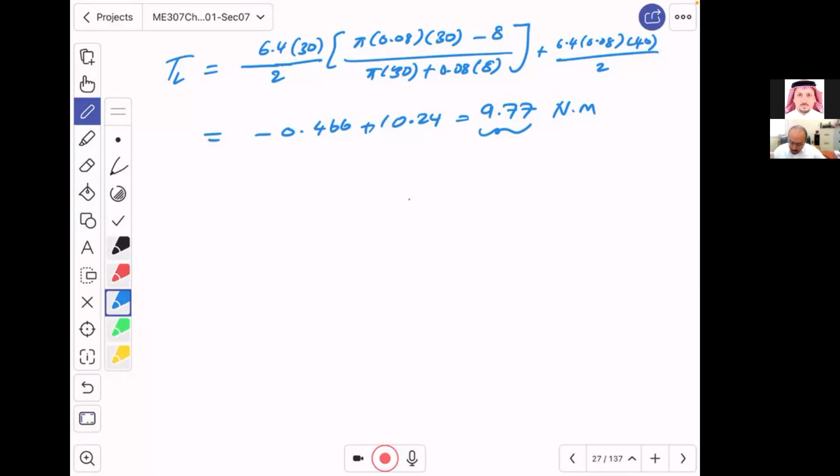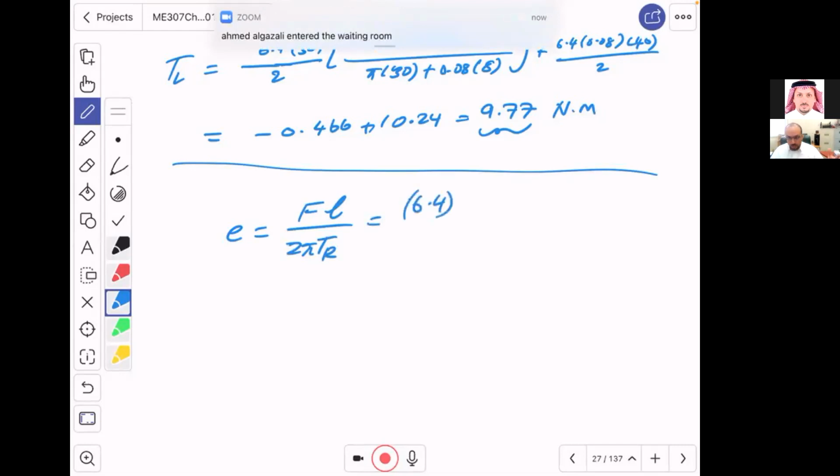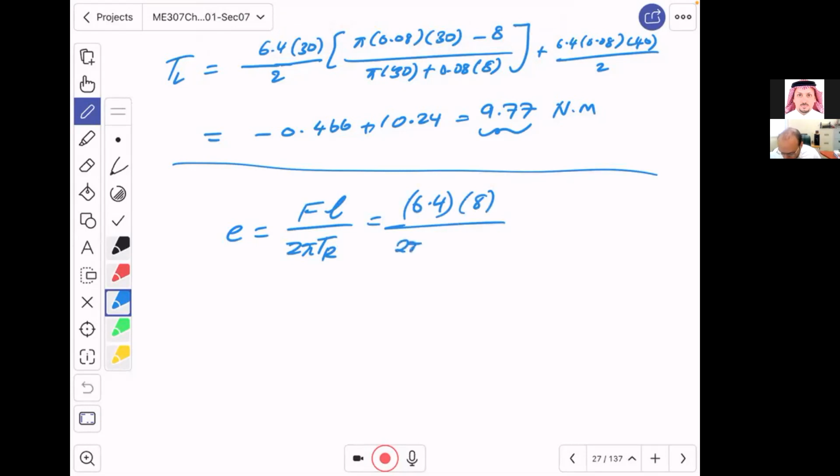Okay, so now the next step is to calculate e, the efficiency, which is F multiplied by the lead divided by 2π TR. This is going to be 6.4, the force, multiplied by the lead, which is 8, divided by 2π multiplied by the raising torque, which is 26.18.